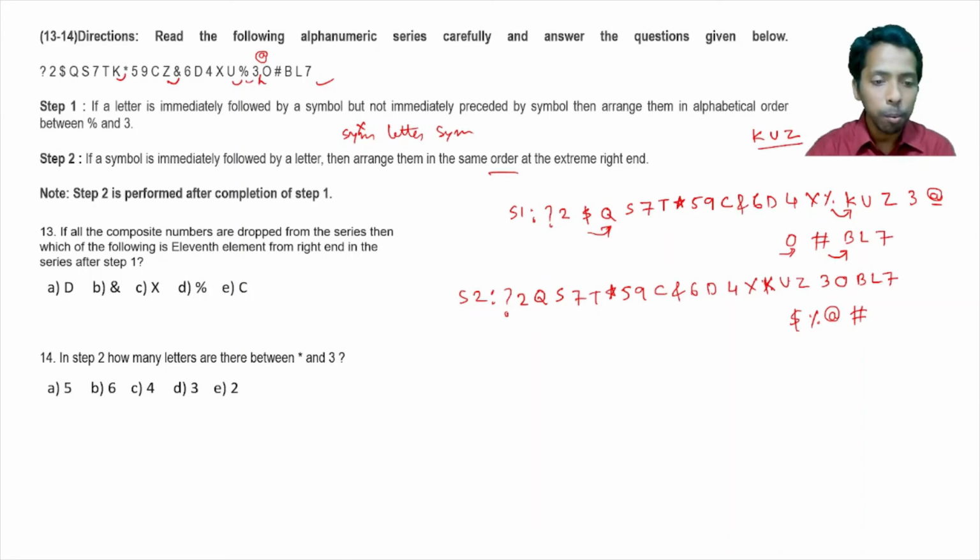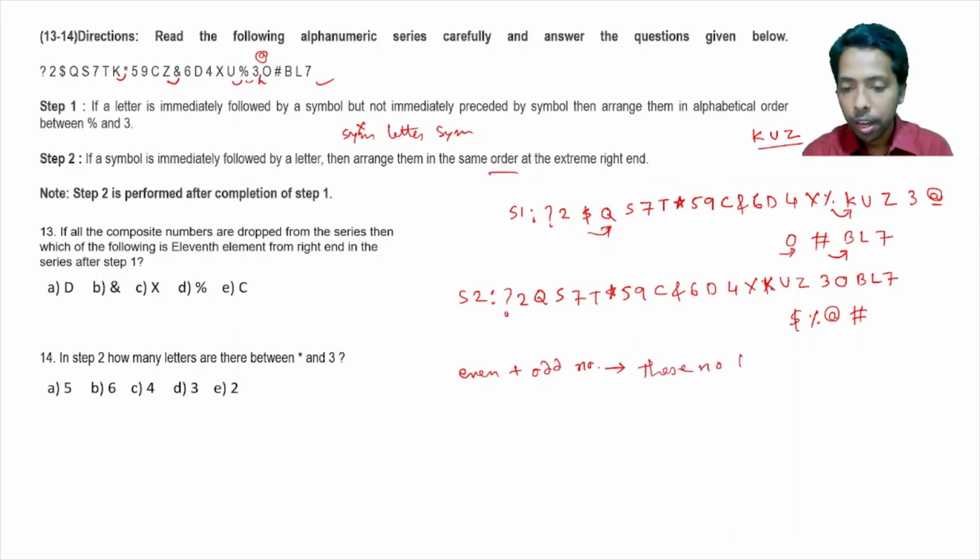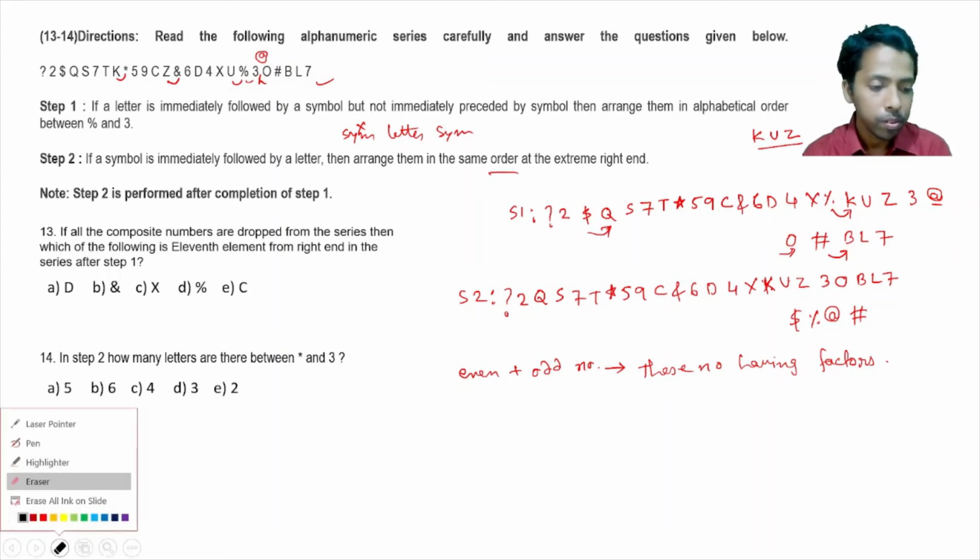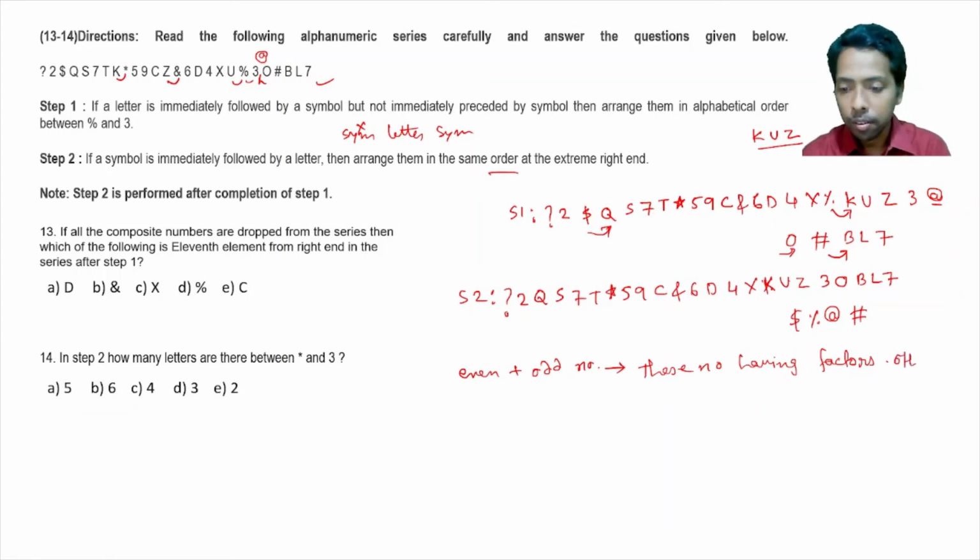If all the composite numbers are dropped from the series, composite number means a number having factors other than 1 and the number itself.